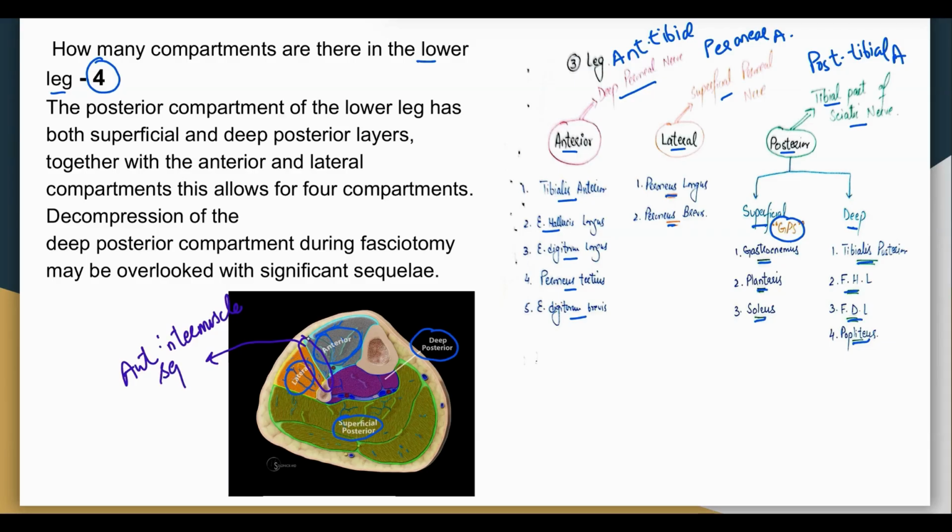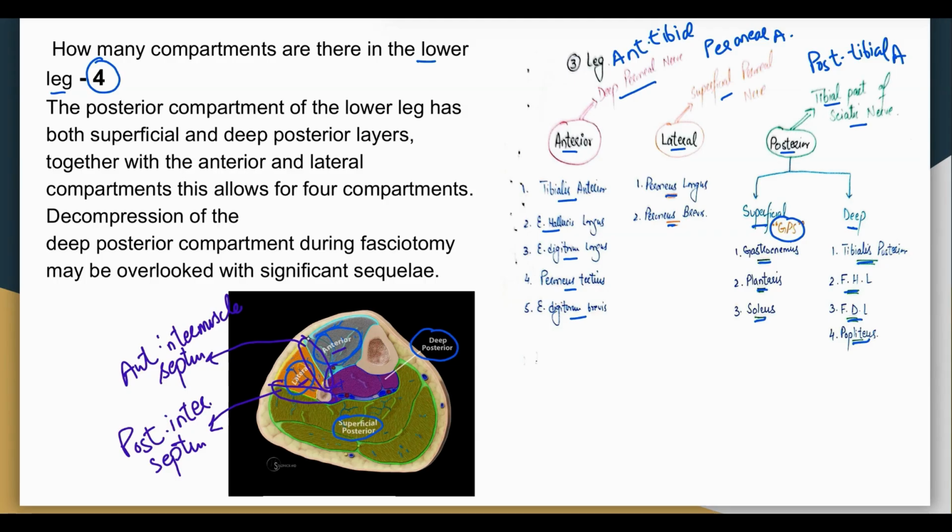The anterior intermuscular septum divides the anterior from the lateral compartment, and this one is the posterior intermuscular septum, which separates the lateral compartment from the superficial posterior compartment.